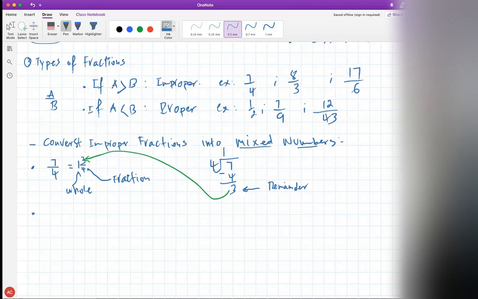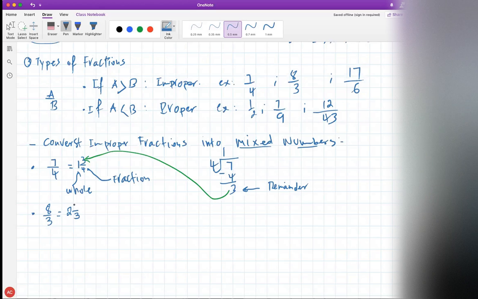Let's do another one, 8 over 3. That's an improper fraction. So what is the mixed number here? But first of all, how many times does 3 go into 8? 2. That's right. So 8 divided by 3 is twice. Start a fraction, bring over the same denominator, that's 3. So 3 goes into 8 twice, which is 6.